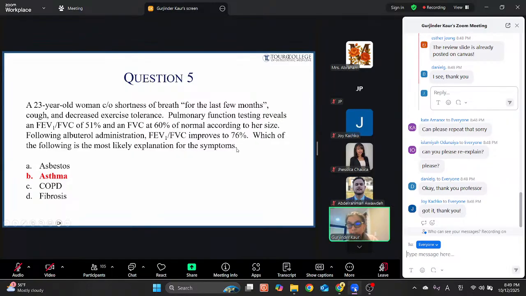Always remember that asthma doesn't have anything wrong at the alveolar level, right? But COPD is a problematic condition, it's a chronic inflammatory disease, chronic obstructive pulmonary disease that has been there over the years.